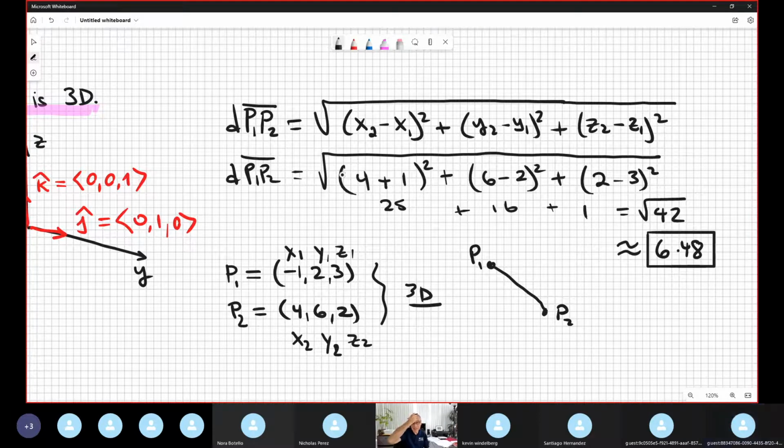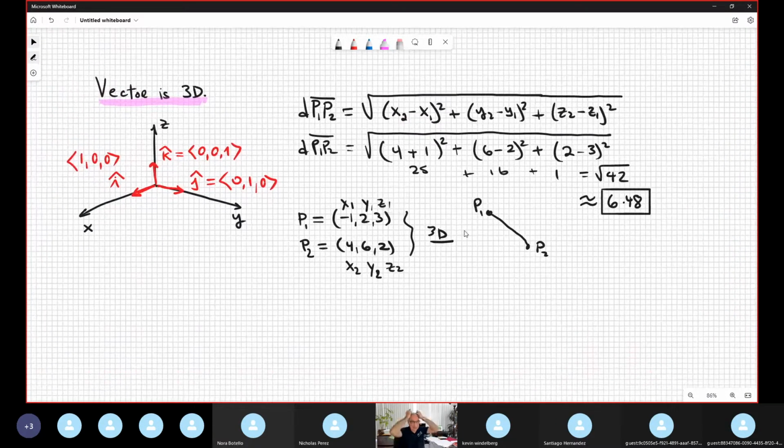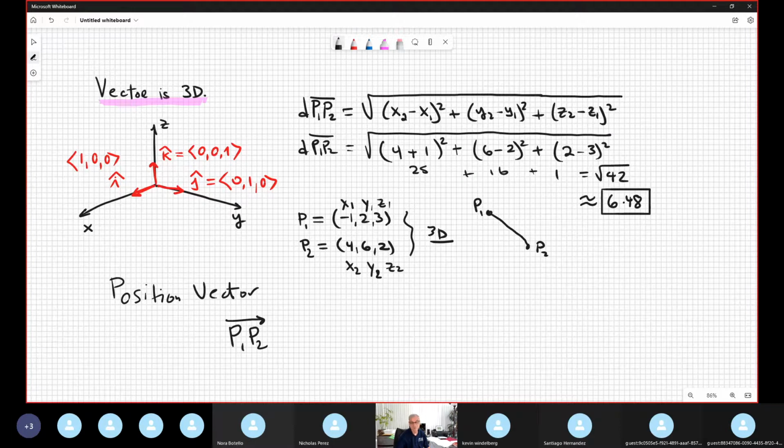Yes. However, I want to explain another idea before going to GeoGebra to see it geometrically in 3D, which is the position vector. This concept is similar in 2D or in 3D. Suppose I want to find the position vector P1P2. The amplitude is exactly the same as the distance, but the direction depends.